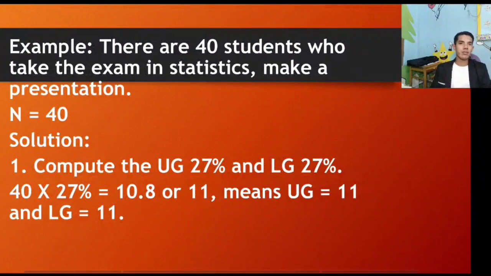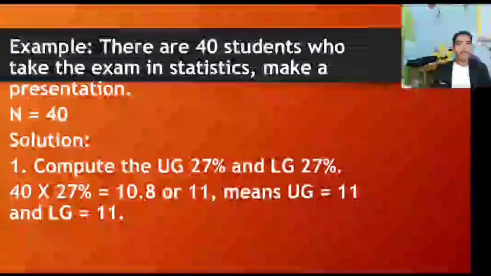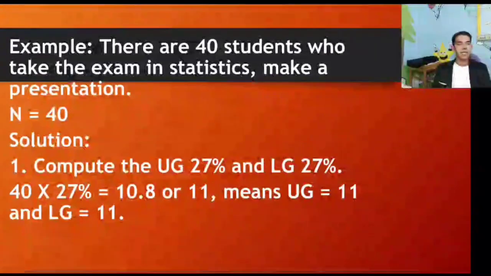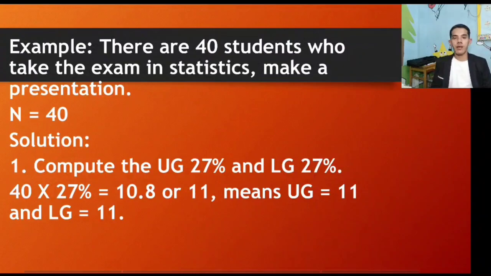So, in our solution, in number 1, we have to compute the upper group 27% and the lower group 27%, which is 40 times 27%, or 10.8. Again, there is no such student that is 0.8, so we have to round off to the nearest whole number. That's why it is 11. Meaning to say, our upper group is 11 and the students from the lower group is 11 as well.